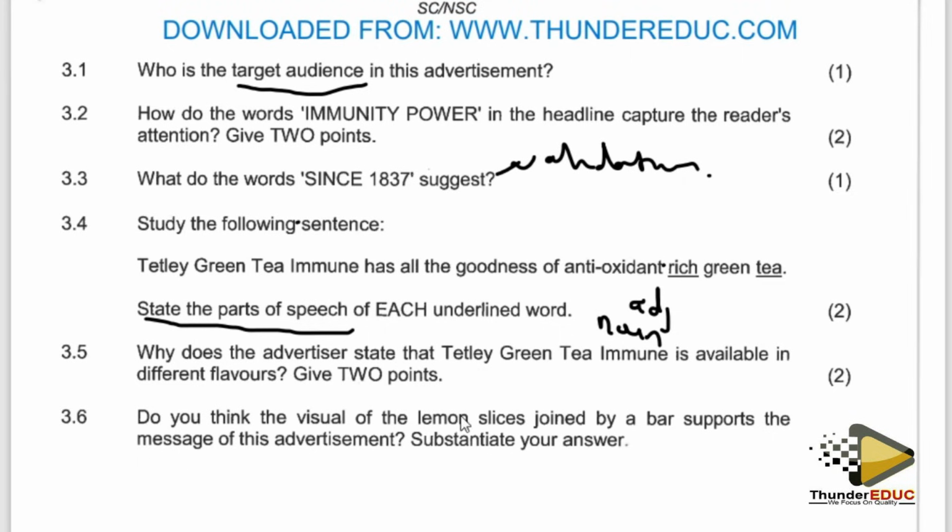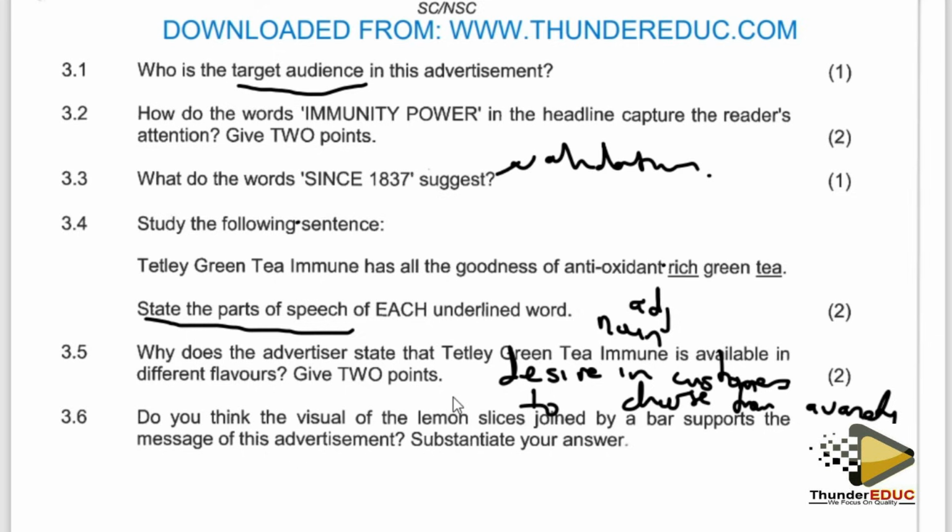That is to create a desire in customers to choose from a variety. So that is desire. We're supposed to state 2 points. It's to create a desire in customers to choose from a variety.